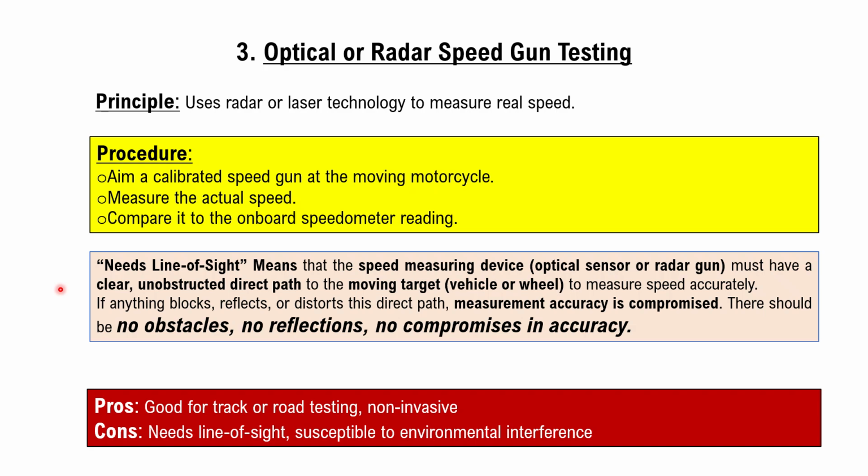If anything blocks, reflects, or distorts this direct path, measurement accuracy is compromised. There should be no obstacles, no reflections, no compromises in accuracy.